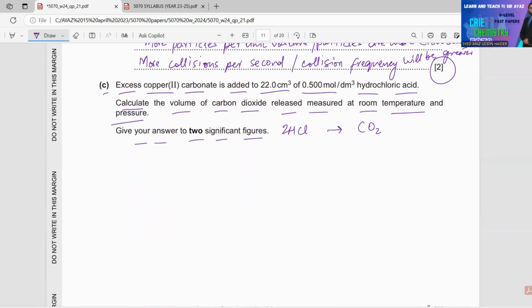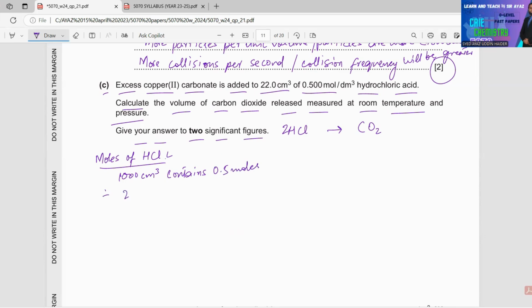First of all, I will calculate the moles of hydrochloric acid using this information. Moles of HCl. 0.5 mol/dm3 means 1000 cm3 contains 0.5 moles.